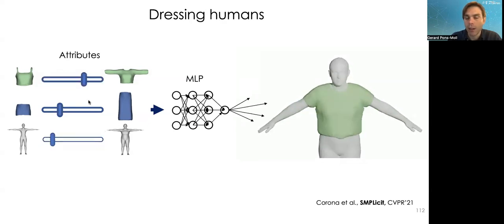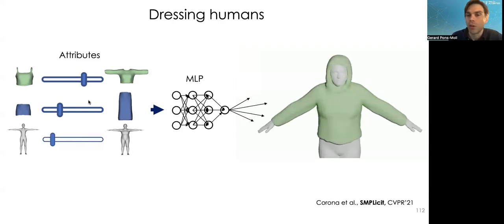Notice that, in contrast to methods like TailorNet that are based on templates, this allows you to interpolate across different types of cuts and templates, which would not be possible using a mesh-based representation. You need this neural surface representation in order to model these quite varied surface topologies.